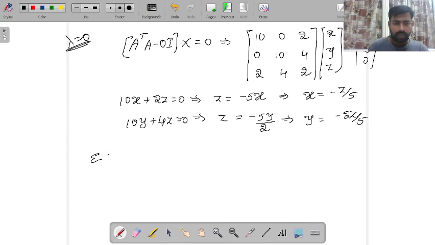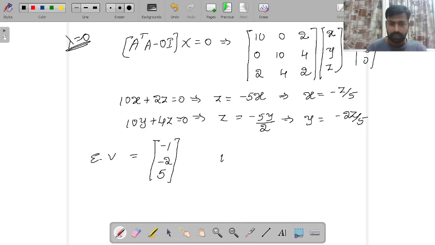So therefore the eigenvector, let me take z equal to 5. That would be better. If I take z equal to 5, then x will be negative 1, y will be negative 2. Okay, so this is the eigenvector for lambda equal to 0.